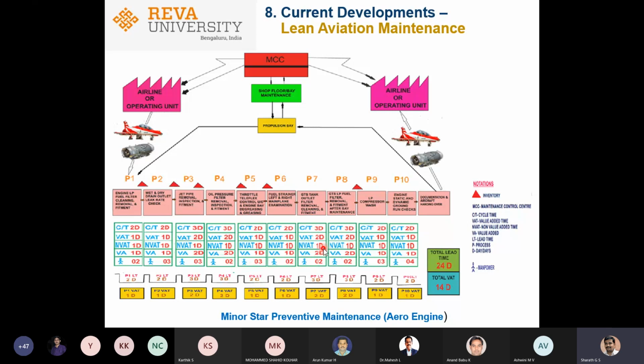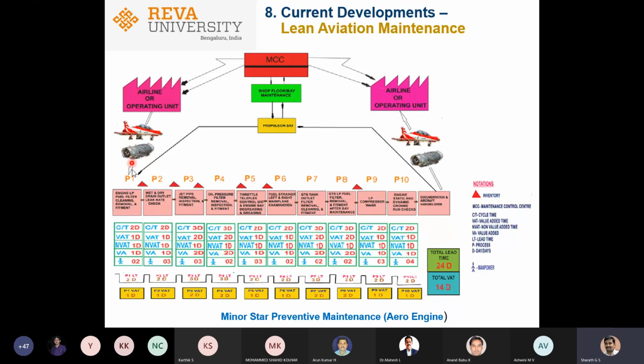So if you can see in this slide, normally, as I said, any maintenance establishment will have some control center which monitors the life of the engine or aircraft, and which informs the operator that the engine or aircraft is due for service. This control center informs the operator, and the operator hands over this engine to the propulsion bay over here to carry out minor stop preventive maintenance, which is normally done at 2,000 hours or so for a Hawk engine.